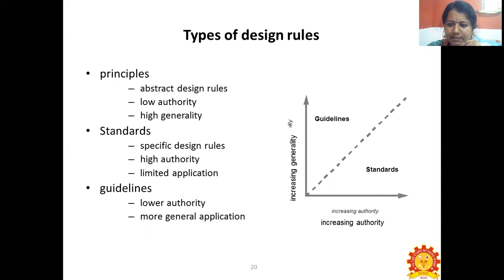Standards are specific design rules with high authority and limited application. Guidelines have low authority and are more general in application. This is a diagrammatic representation of increasing authority versus increasing generality. The lower case mainly focuses on the standards, and the upper case mainly focuses on the guidelines.